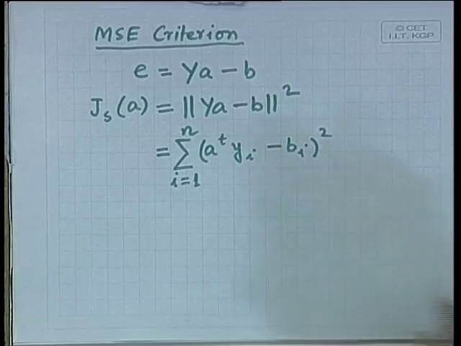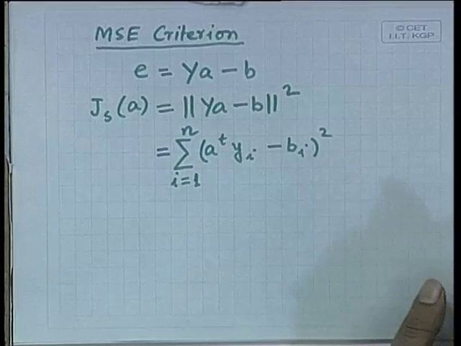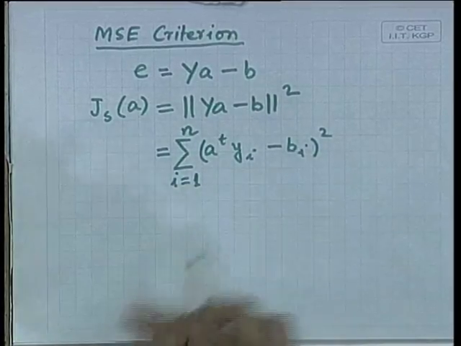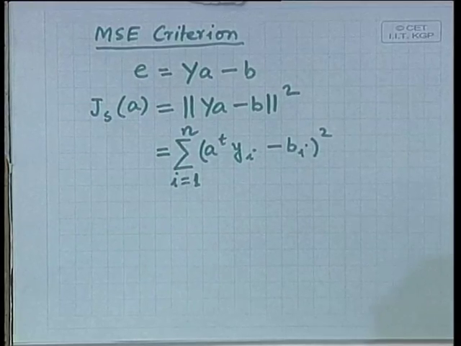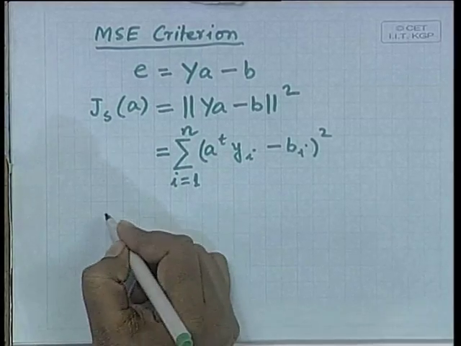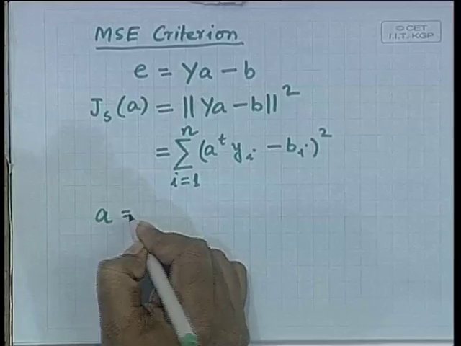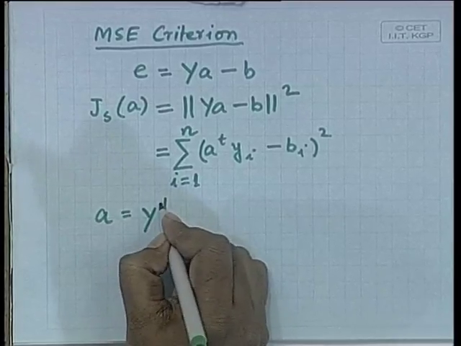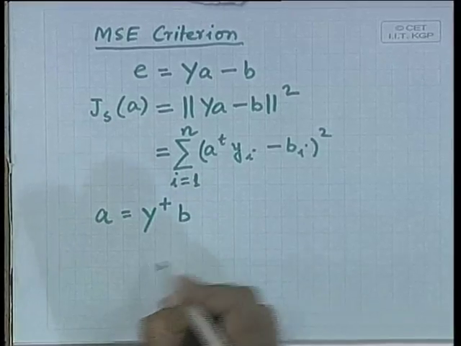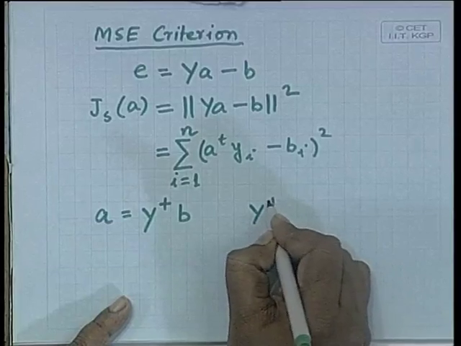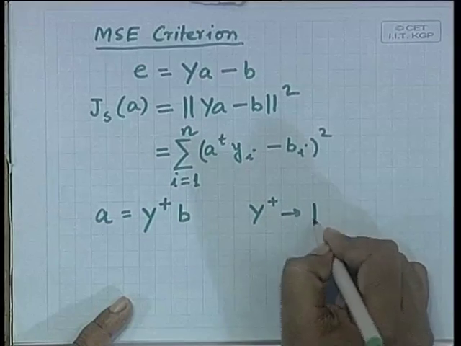Okay. And then again, if I take the gradient descent procedure or going for that pseudo inverse concept, I get a solution which is given by A is equal to y plus b, where this y plus is actually pseudo inverse of y.